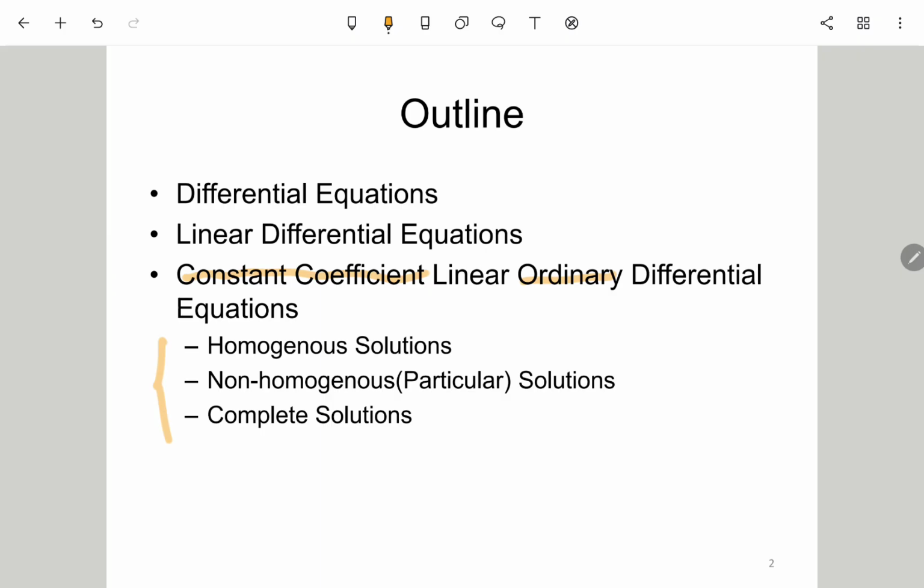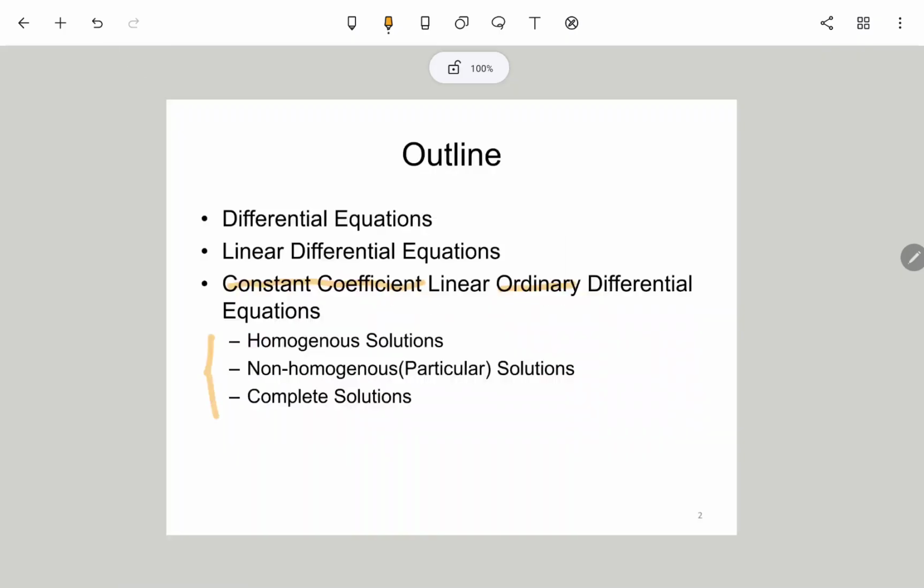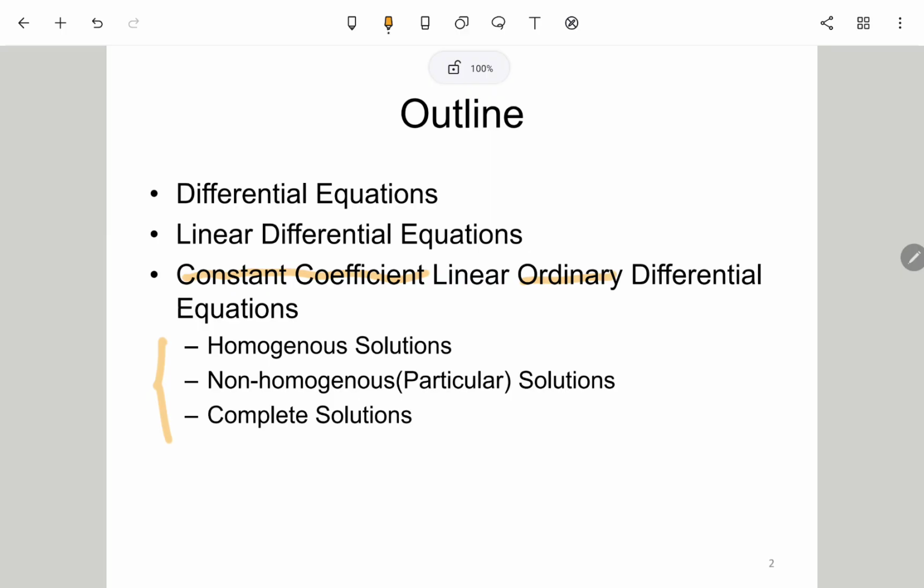But for this specific type, constant coefficient linear ODE, we have a well-developed system to really solve this kind of differential equation, no matter whether the equation is second order, third order, or so on. But of course, when we try to calculate by hand, usually it should be first order or second order, or maybe at most third order. Maybe sometimes it's solvable, but usually we will not try to make the order too high.